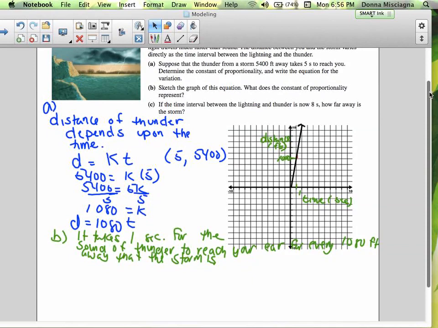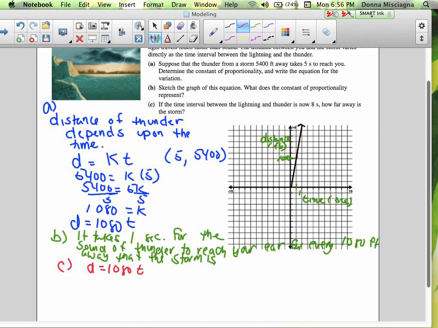All right, so we can use our equation to figure it out. So C: we have D equals 1,080 T. If it's 8 seconds, we'll just substitute 8 for T. That would give us 8,000 plus 640, so 8,640.